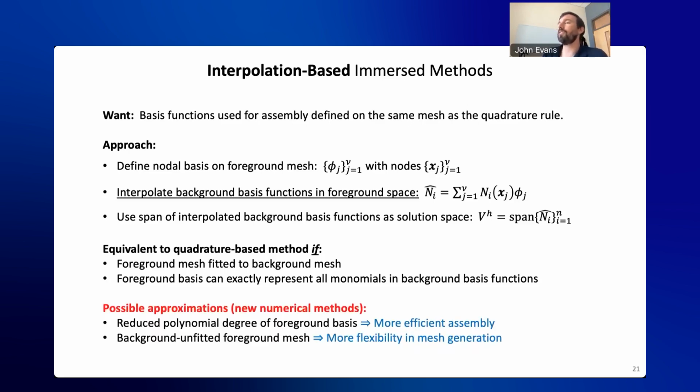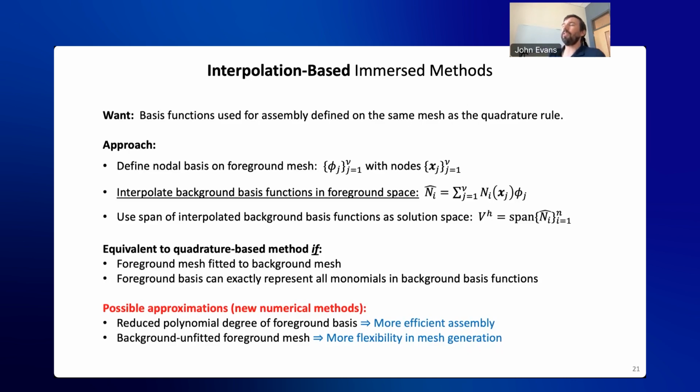However, we actually get possible approximations and new numerical methods. For instance, we can have a reduced polynomial degree of the foreground basis. We can say, hey, let's not worry about trying to represent each of the background basis functions exactly. And this allows us to use, for instance, a reduced quadrature rule, which can in turn lead to a more efficient assembly.